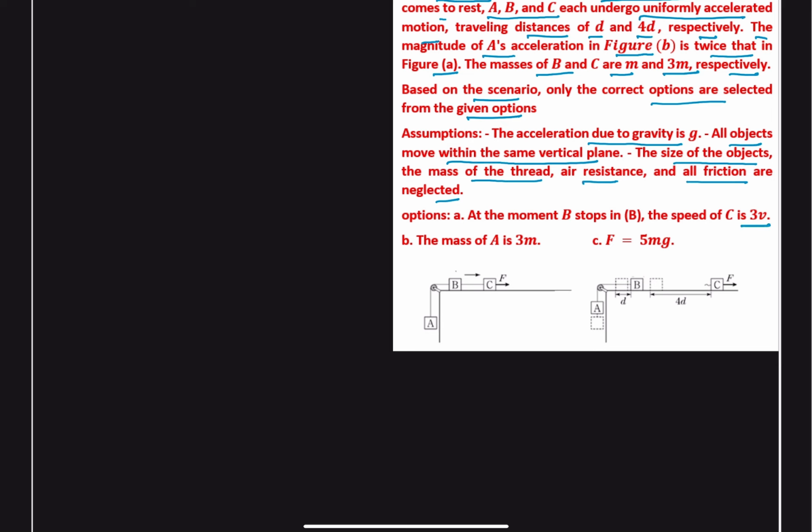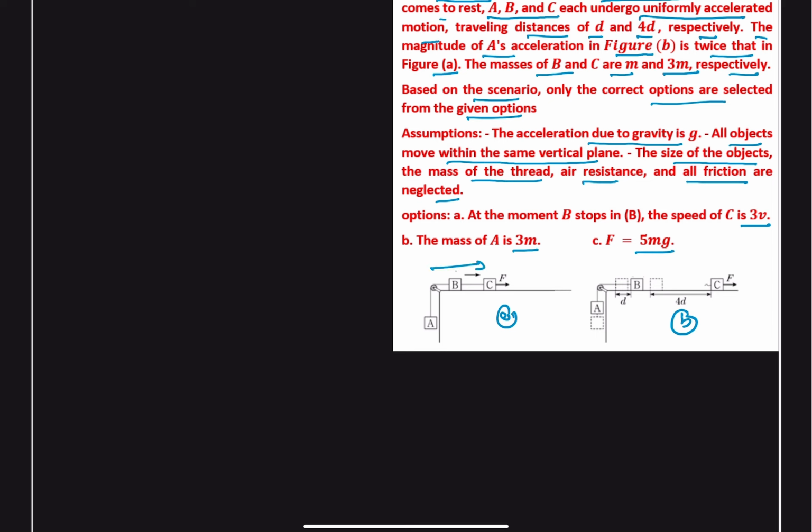So these are two figures. This is figure A and this is figure B. In figure A, a force F is being applied so that the entire system of A, B and C moves all together. In figure B, the thread breaks.